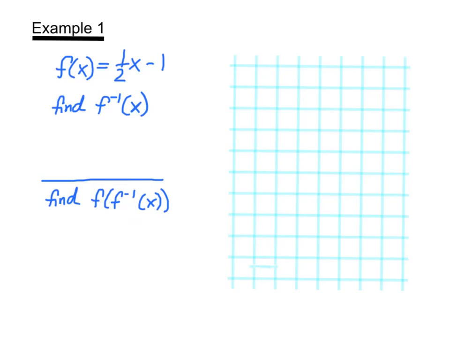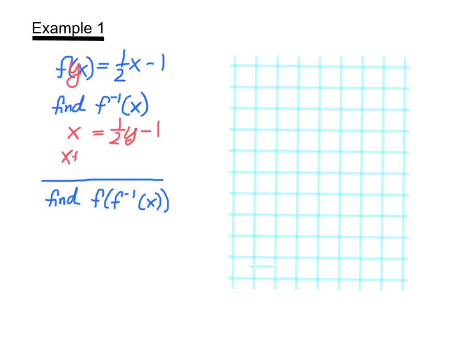Let's start with finding the inverse. So again, we're simply going to replace y with x, and really I can write a y right on top of f of x. So I have this equation y equals 1/2 x minus 1. And I really just switch x and y. Okay, and now I need to get y by itself again. I need to solve for y. So I'm going to move 1 over to the right hand side.